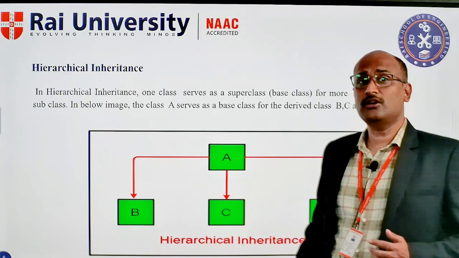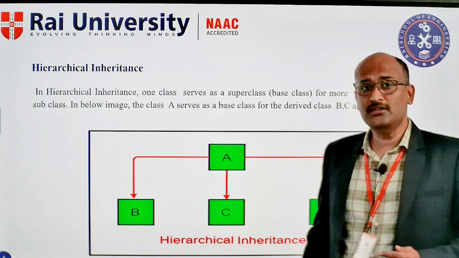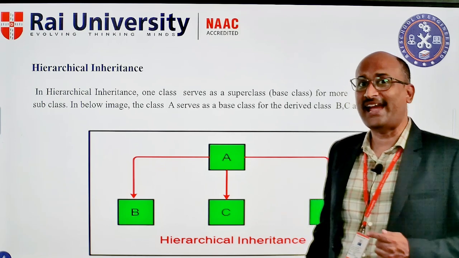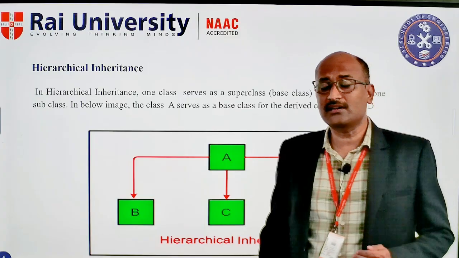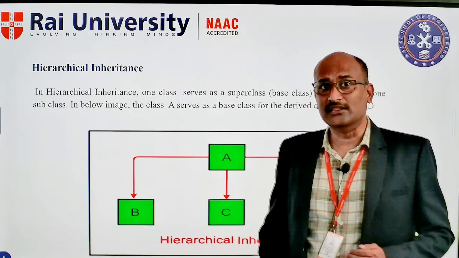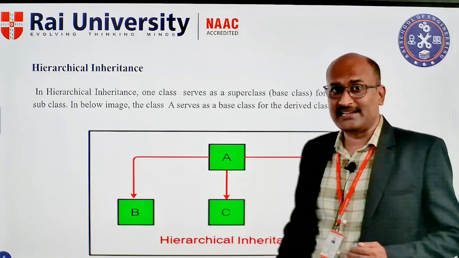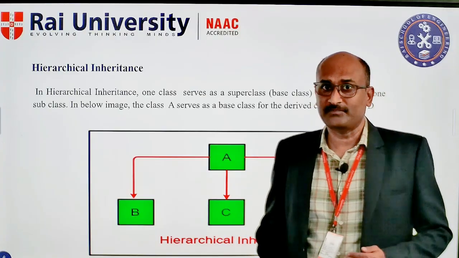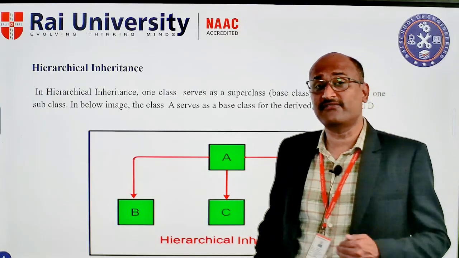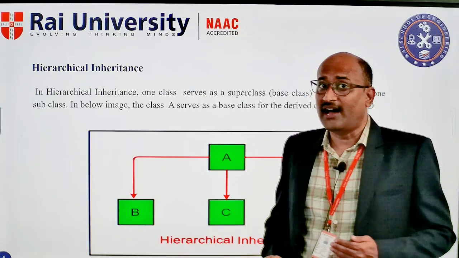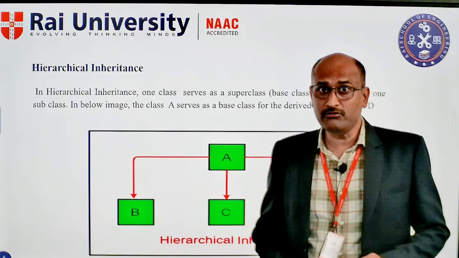That means whatever data you have declared in class A can be used by child classes B, C and D. But if you have declared any private data member in class A, that means none of the classes B, C and D can use that data from class A. Here all three classes extend from class A. Hierarchical inheritance is nothing but, you can say, a tree view, right?